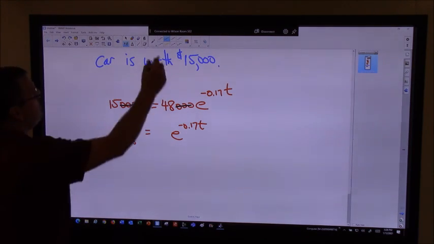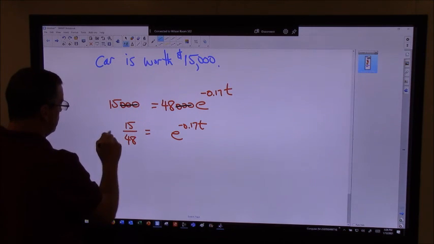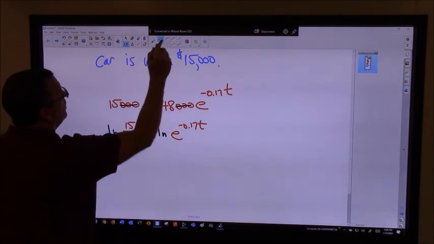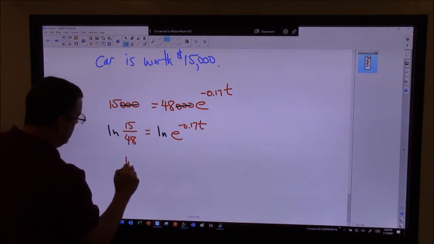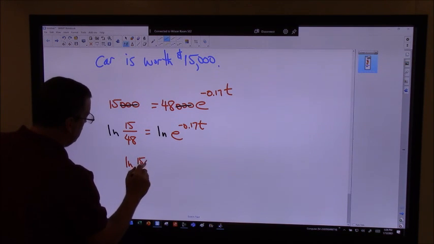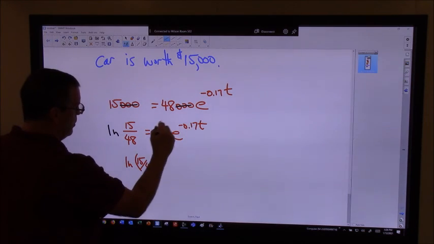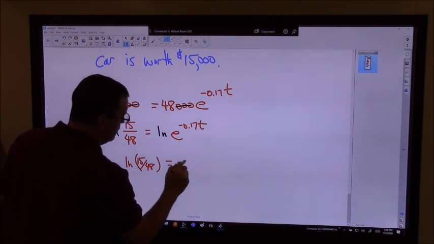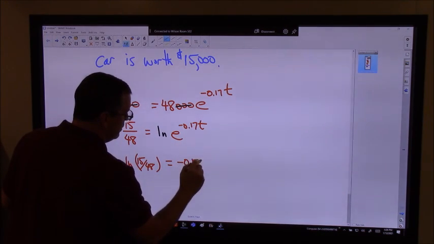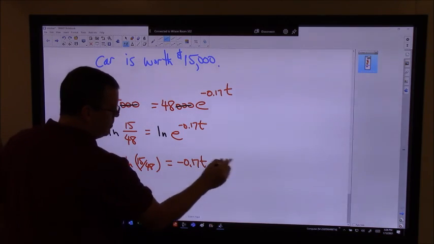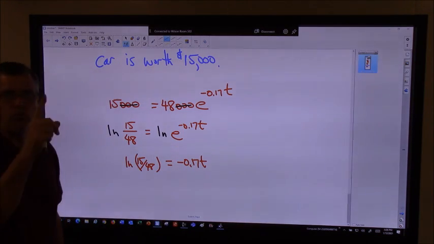So now I'm going to take the natural log of both sides. So natural log, and now I have the natural log of 15 divided by 48. I'm going to keep that in parentheses. I'll bring my exponent down in front, negative 0.17t times the natural log of e, which is 1.